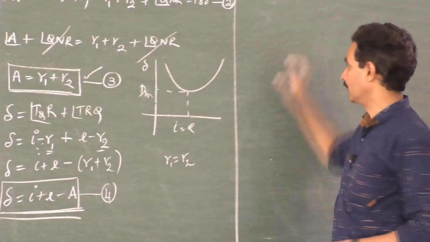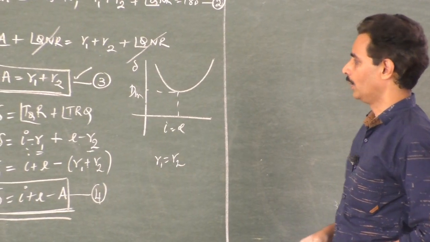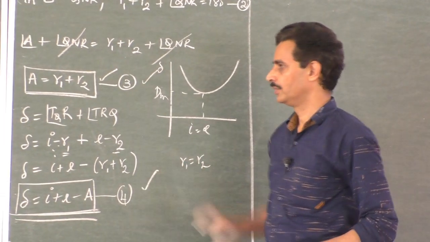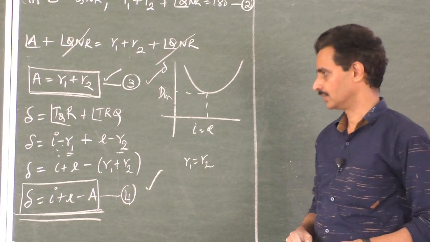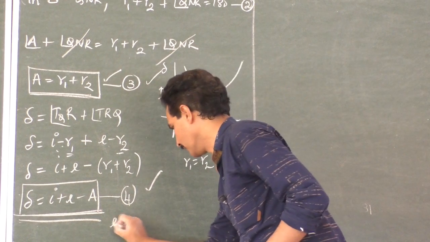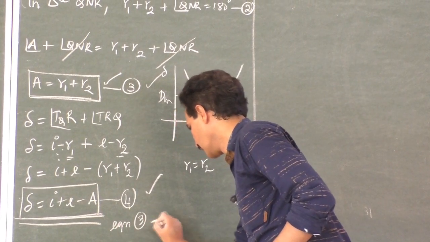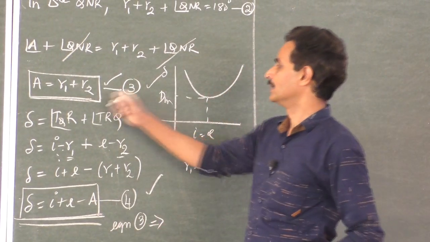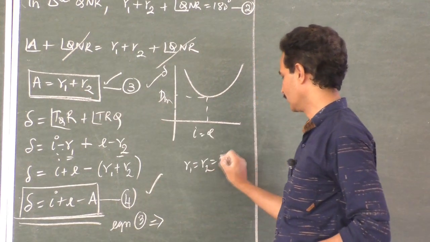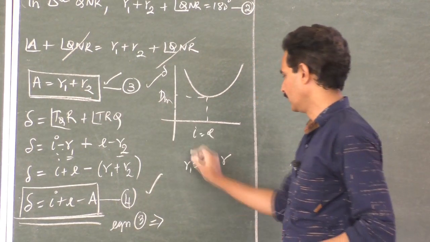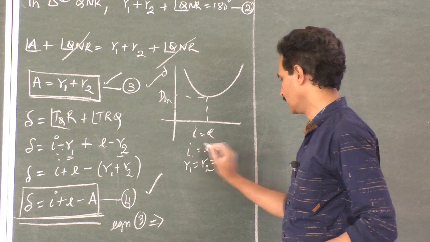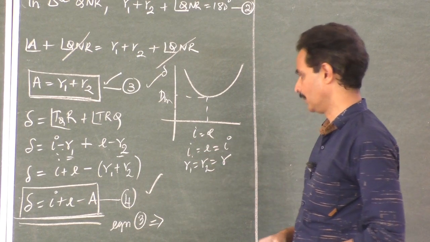You can see that, right? If they are equal, what happens to these two equations? What is the result of these two equations? So equation 3 becomes, I will take R1 is equal to R2 is equal to R. Both are the same. I1 is equal to I equal to E is equal to I. Both are the same.